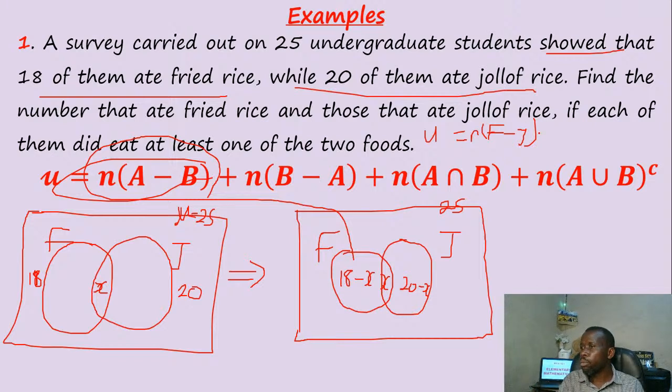Then plus n(J minus F), then plus their intersection, that is n(F intersection J), then plus n((A union B) complement). Those on the outside. All right.